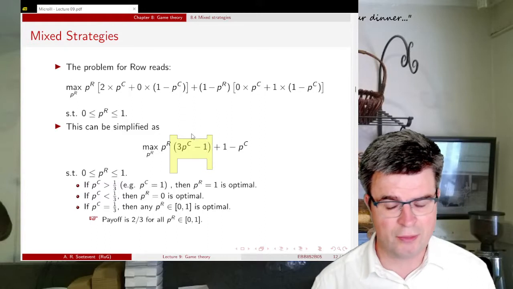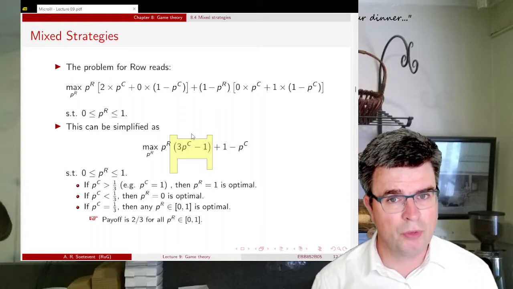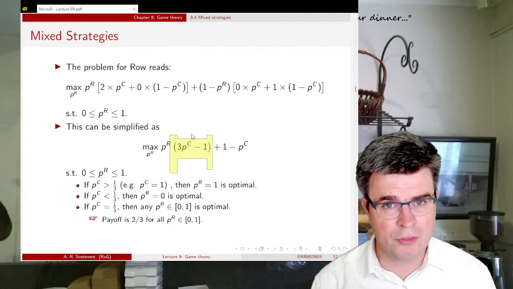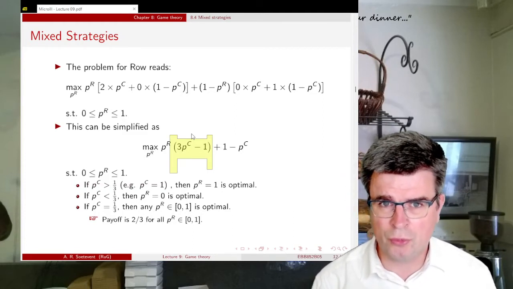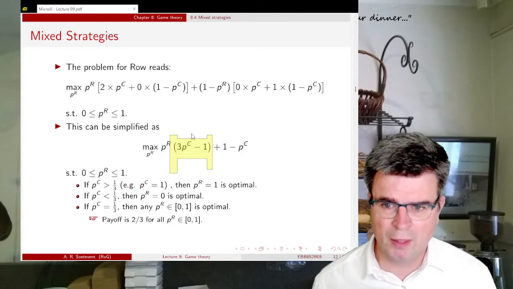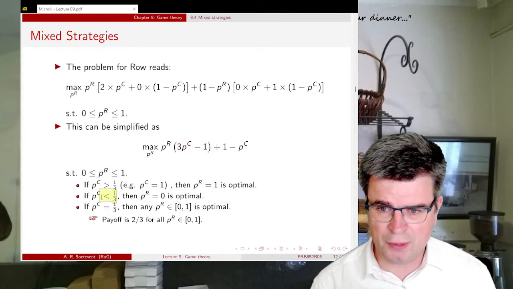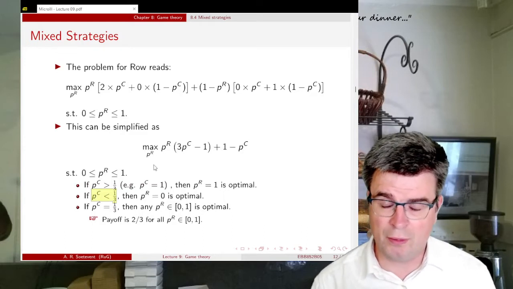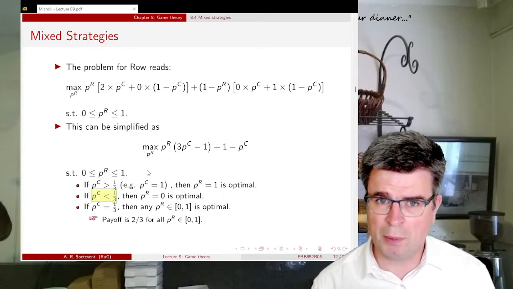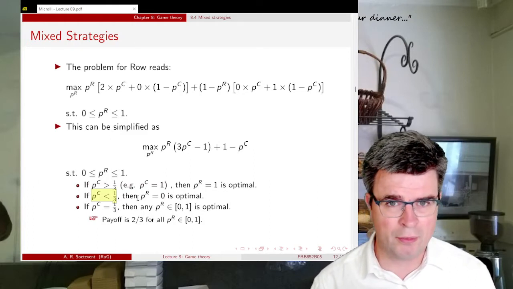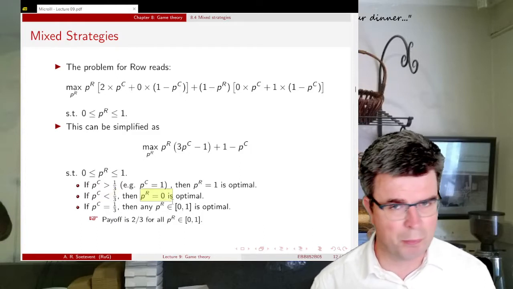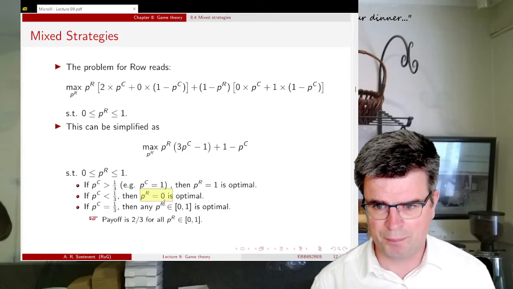So the chance that the column player chooses Italy is sufficiently large. Well, then for the row player, it's also optimal to choose Italy. If instead this value is smaller than 1/3, then the probability that the column player chooses Italy is rather low, and it's better for the row player not to mix, but to go for Sweden for certain. So PR identical to 0.